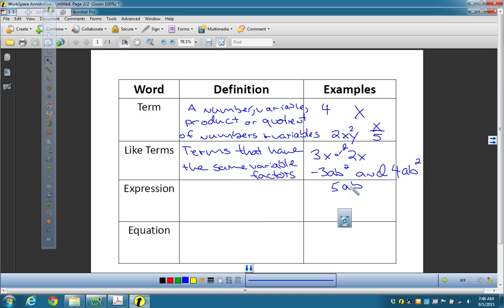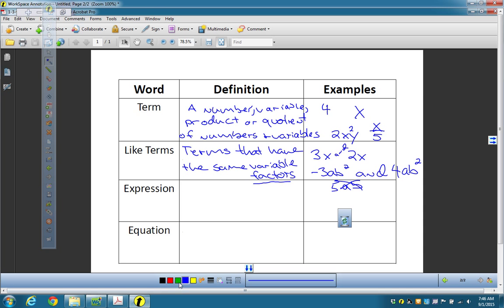But if they have the same degree, that's why they use this word factors, like this squared in both of them, then you can combine those like terms. So this is not a like term.